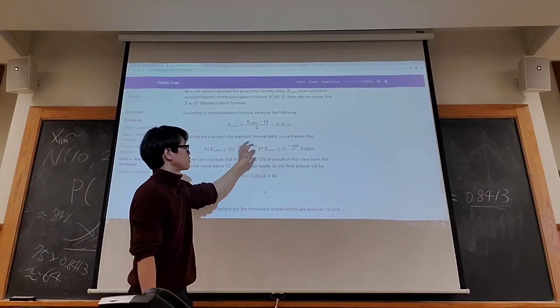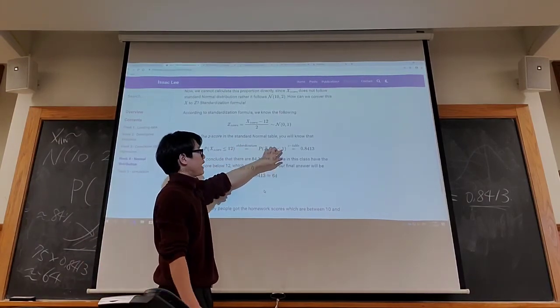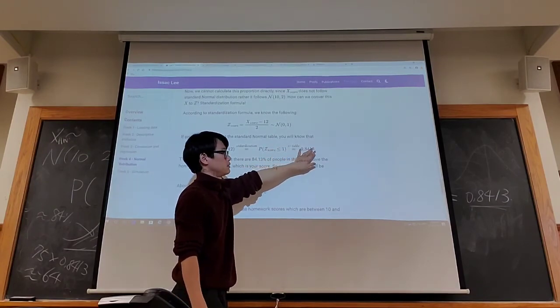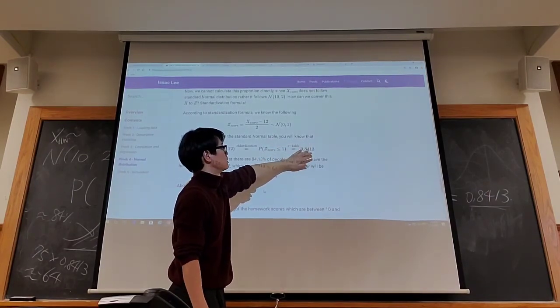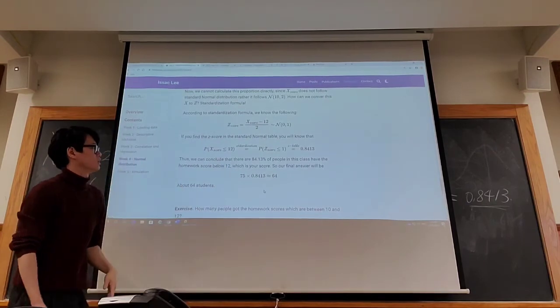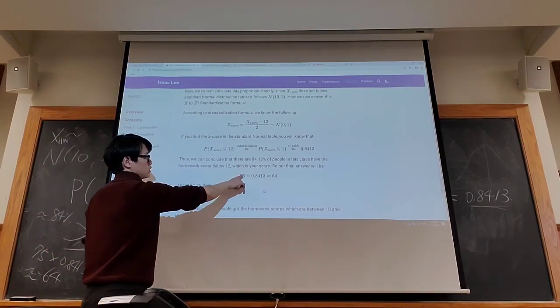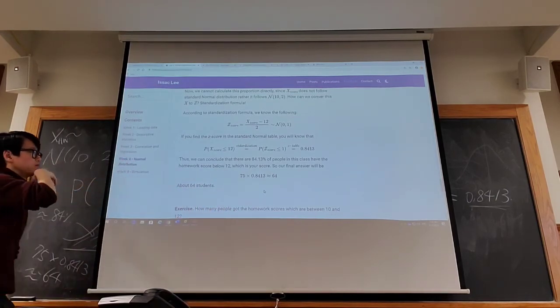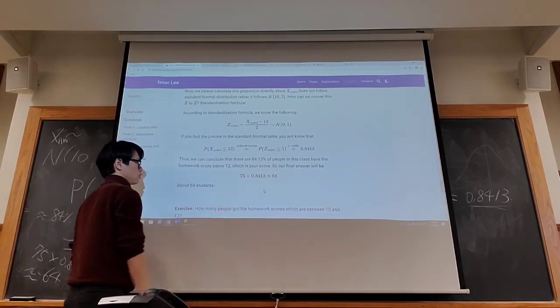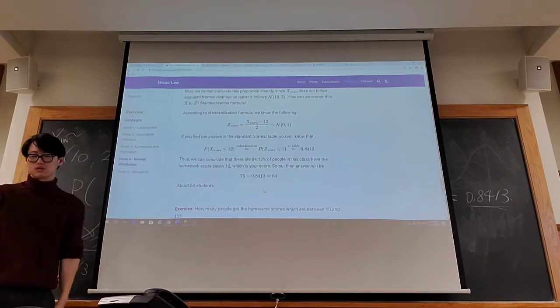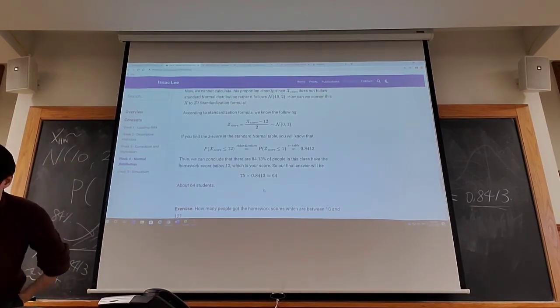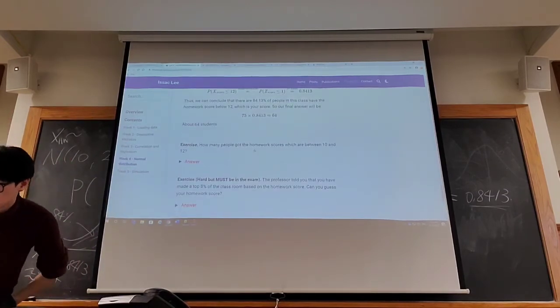And once I convert that into the standard normal scale, I can use the z table to calculate the probability. And then I use that number, multiply by 75. So I got 64, which means about 64 students got a homework score lower than 12. Okay.